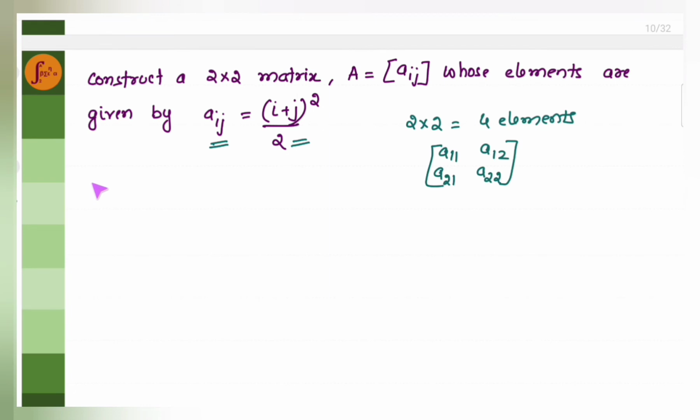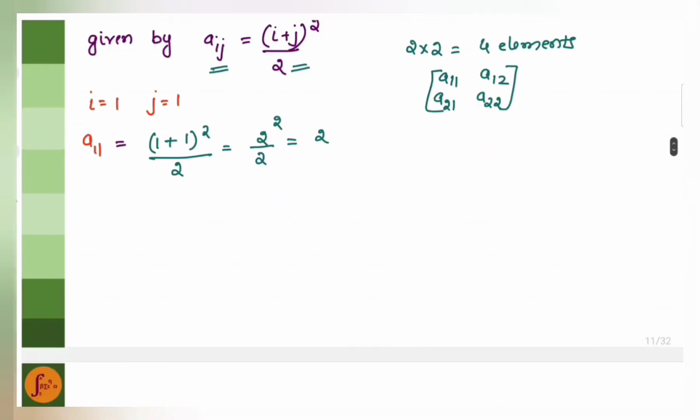Now, we'll first take I is equal to 1 and j is equal to 1. We need to find A11. So A11 is nothing but I plus j the whole square by 2. I is 1, j is 1, the whole square by 2. So that is nothing but 2 square by 2, which is 2.